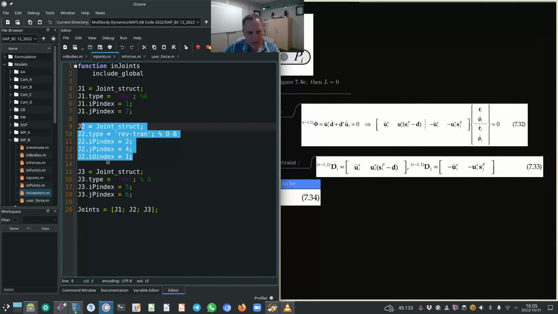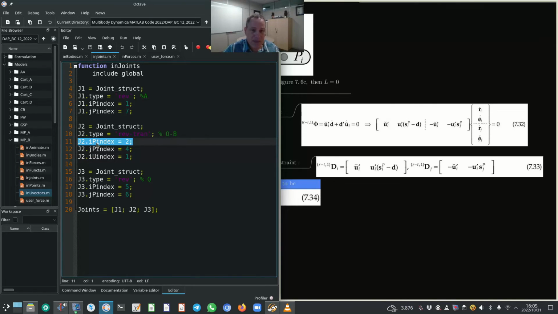So the unit vector, here you can see unit vector on body I. We need unit vector I rotated transpose, so we have that specified here in the input file. And then we also have once again unit vector on body I, the transpose. Then we've got this SPI, and this is this line of code over here.